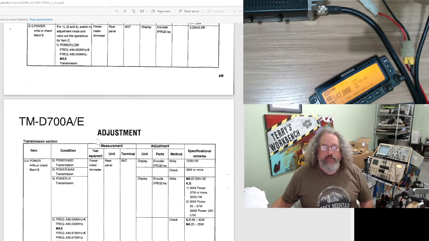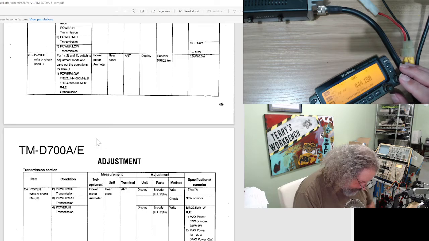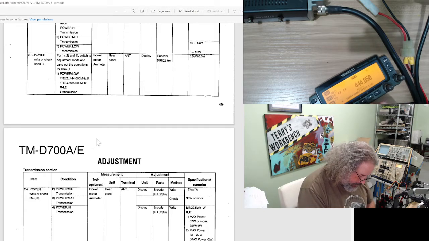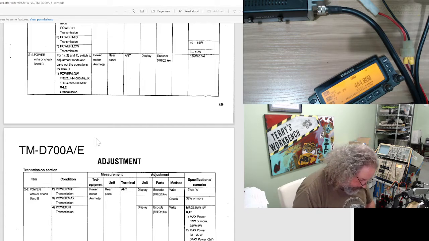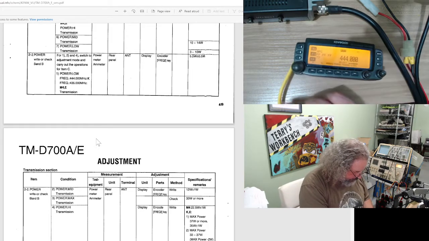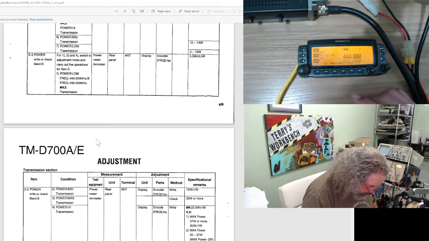All right, and then we got to do the same thing on the B band. So, B band. There we go. Birdie sitting there. So we are on high. Let's start on low.